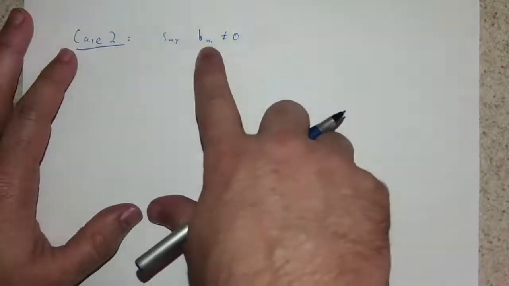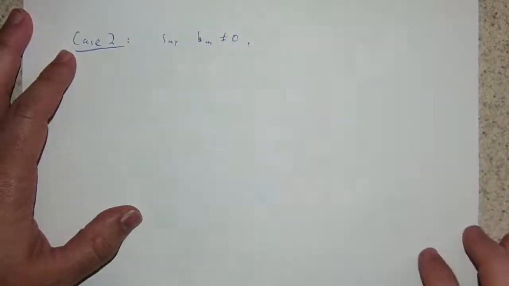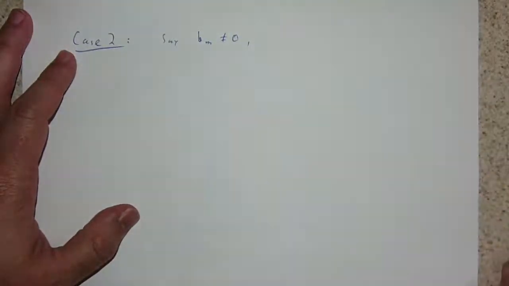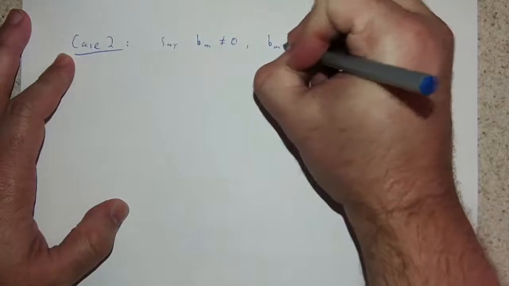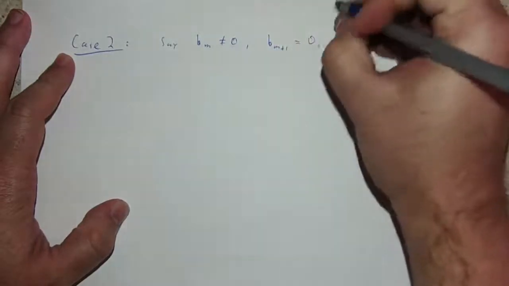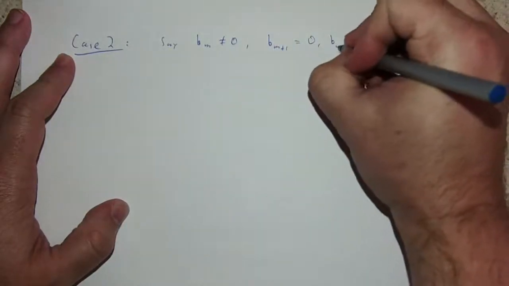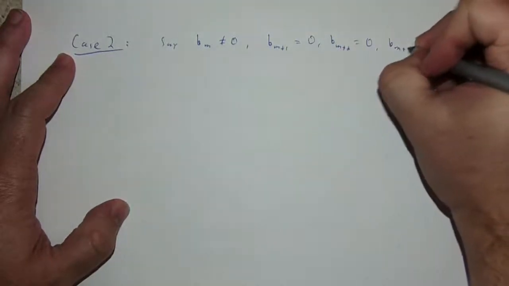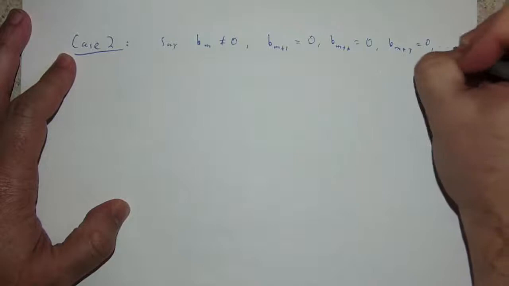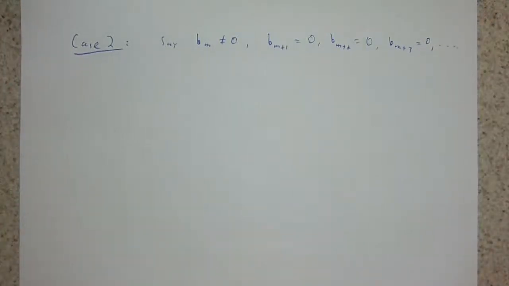And this is the largest such non-zero value, right? So in that case, everything that comes after it is 0. That must be true if we're in the case where we have only finitely many non-zero terms, right? So everything else has to be 0.